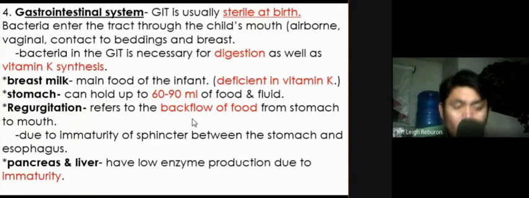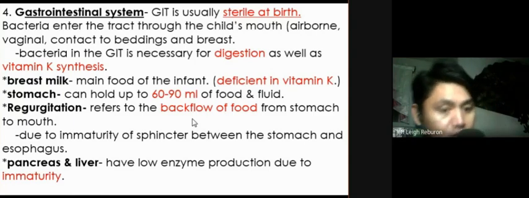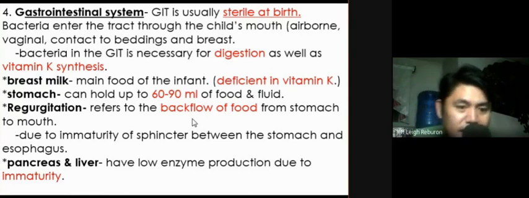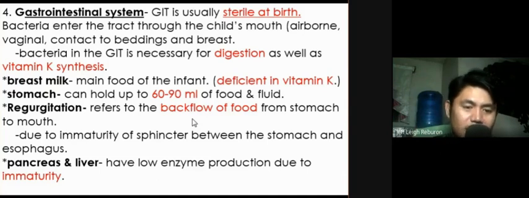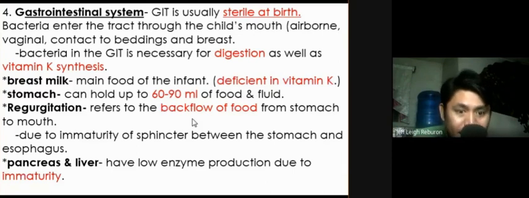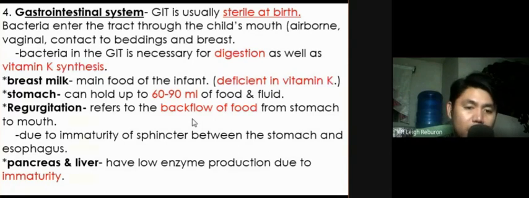Okay. We also talk about the pancreas and the liver. Remember that the pancreas and liver have low enzyme production due to immaturity. Bakit? Kasi immature pa lang po sila. And the body does not need that amount of insulin and bile.